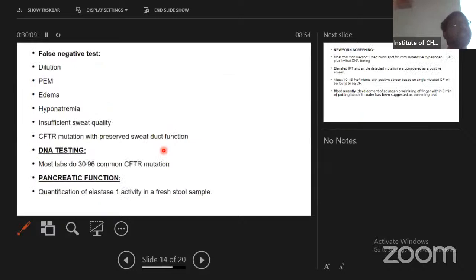False negative tests we can get when the sweat is diluted, in protein energy malnutrition, edema, hyponatremia, insufficient sweat quantity, and in CFTR mutations where the function of the sweat duct is preserved.